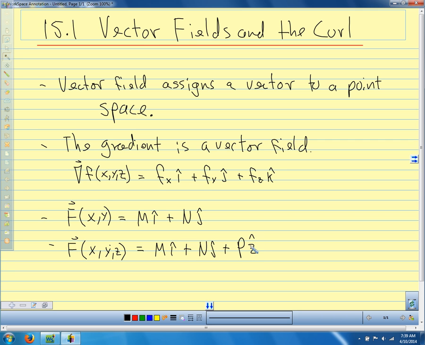And M, N, and P are functions of x, y, or x, y, and z. So we plug in a point and we get out a vector.